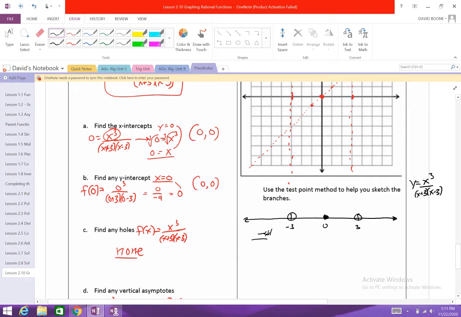So I get -1 times -7. Roughly, this would be a negative over a positive, so I know I'm going to get a negative number. And -64 over 7 is a little over 9, so this would be approximately -9 point something. So in other words, I got a negative number.